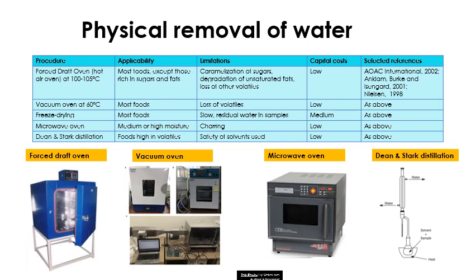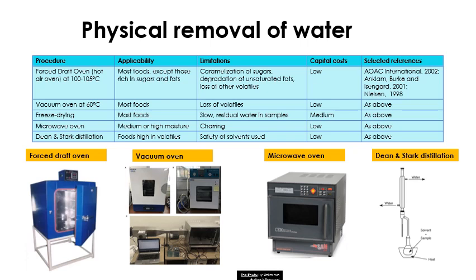It requires a lower temperature compared to the hot air oven. This can be applied to most food, but the problem is that despite the lower temperature, it's still sufficient to cause loss of volatile compounds. Again, cost-wise, this is considerably cheap.